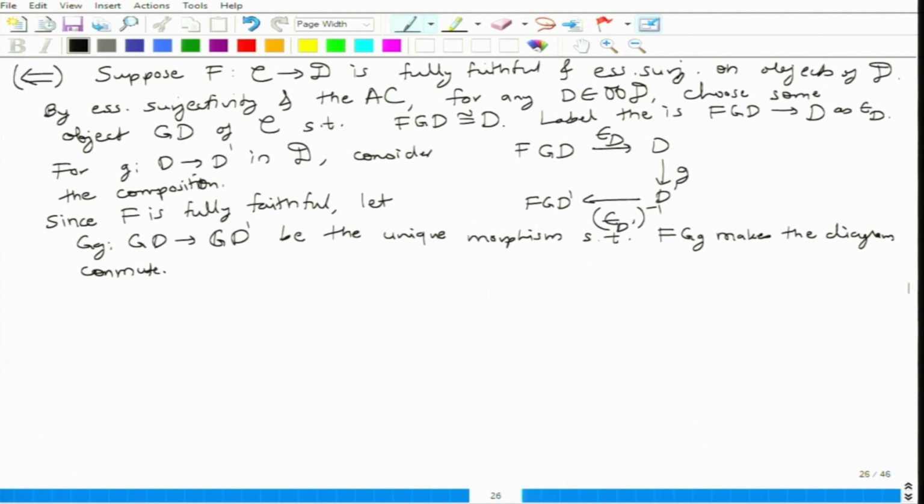Yes, this is possible. So FGG, if you put here, then this diagram should commute. And there can be exactly one such thing.